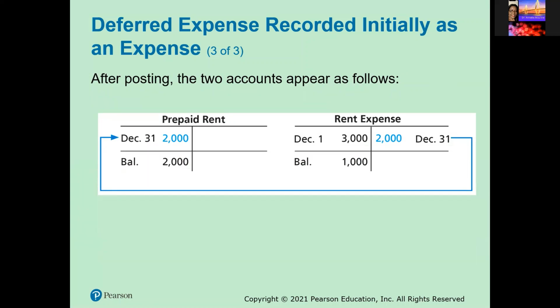At the end of December 31st, the $3,000 prepayment is correctly divided as $2,000 of prepaid rent and $1,000 of rent expense, regardless of whether the business initially debits a prepayment to an asset or to an expense account.